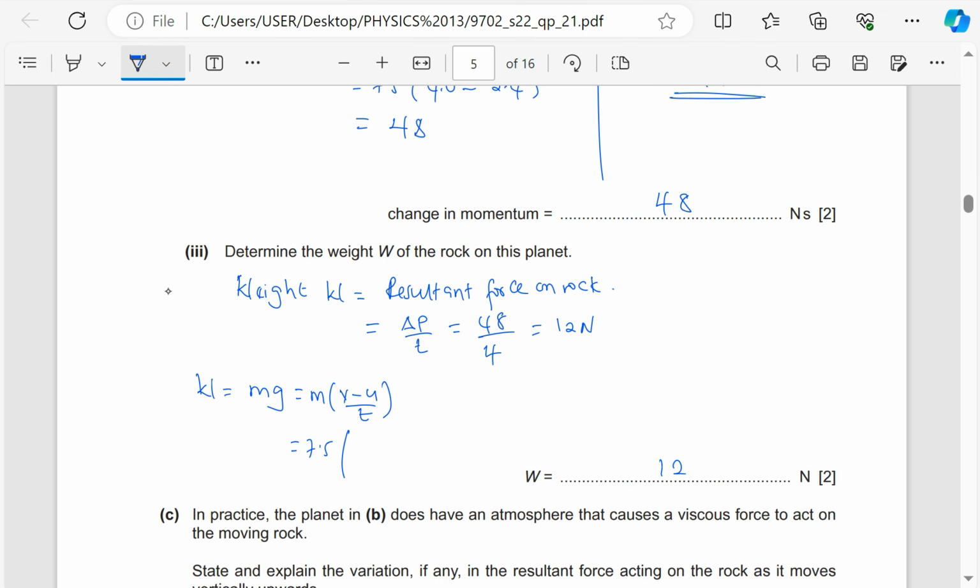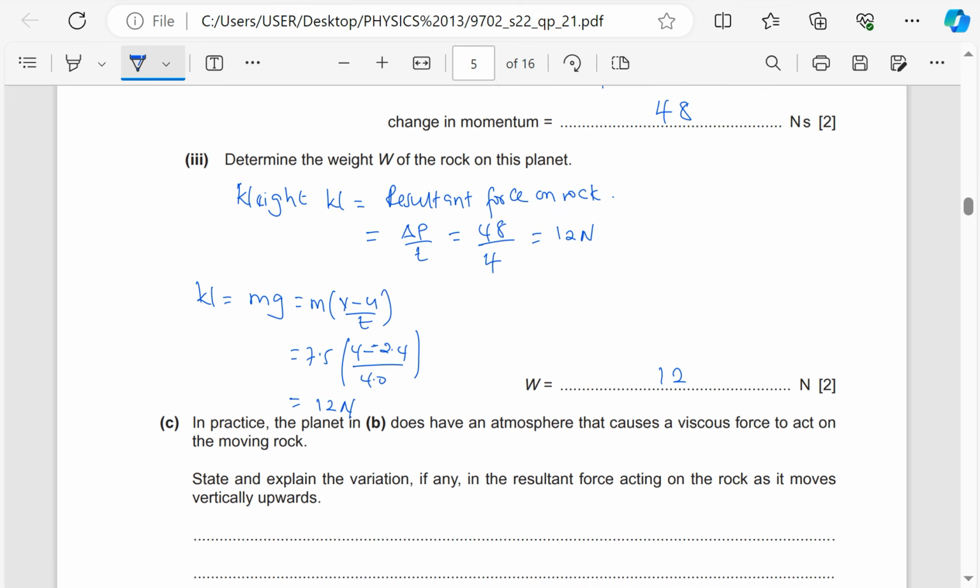You could say negative, or I can just reverse the velocity so that my answer is finally positive. So I can say 4 minus negative 2.4, then divide by the time, which is 4.0. And of course, this still gives 48 over 4, which is still 12 newtons. Okay, so the answer is 12.